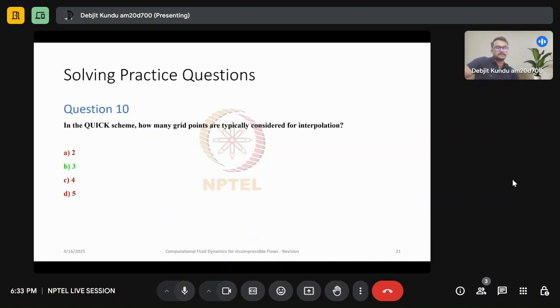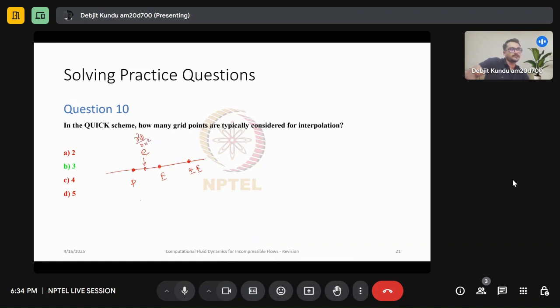It's actually 3. So what happens is, let's say you are trying to find the upwind version at P. So let's say this is my template: P, E, and E, E. Usually you use a staggered grid, and this is the point where you have to find some derivative, something like dou 2 phi dou x2.